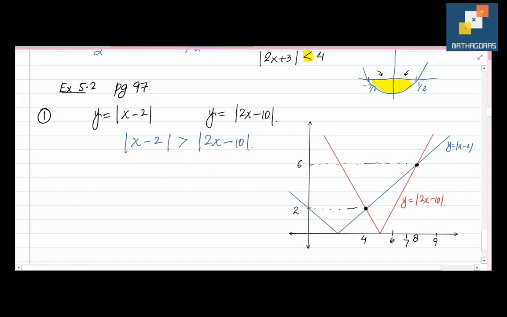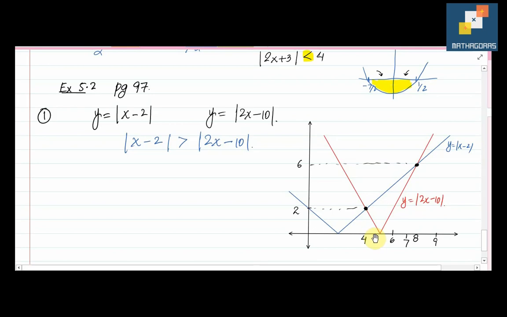Now come to your graph. You can see that at the point 4, both have the same y value, that is 2. Quite logical. You can see that on your graph easily. But when I move across 4, or forward from 4, what happens? Let's suppose this point is 5.